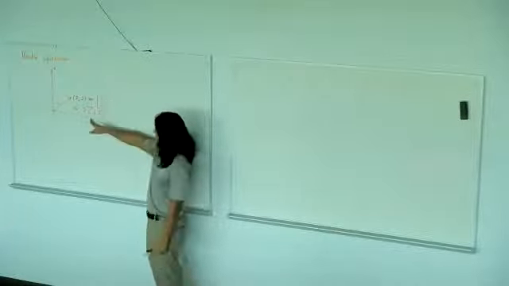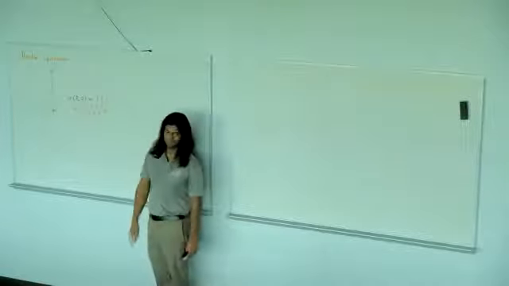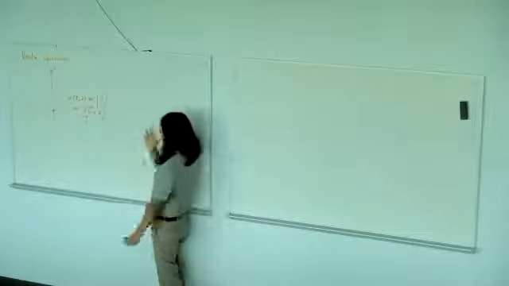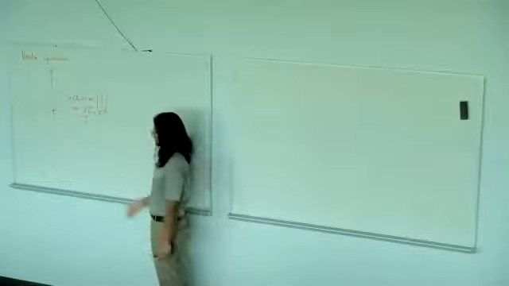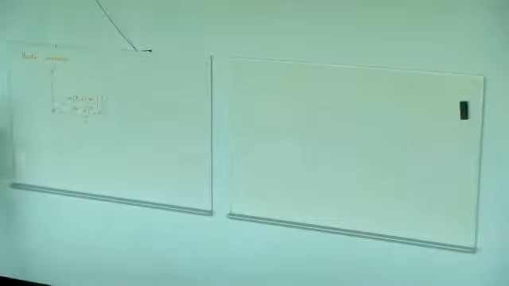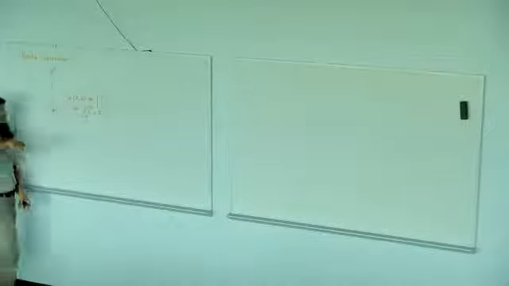You have the vector, what is A? 2. What is B? 2. So how do we find the magnitude? Square root of A squared plus B squared, and in this case, it would simply be square root of 8, which is 2 times root 2.